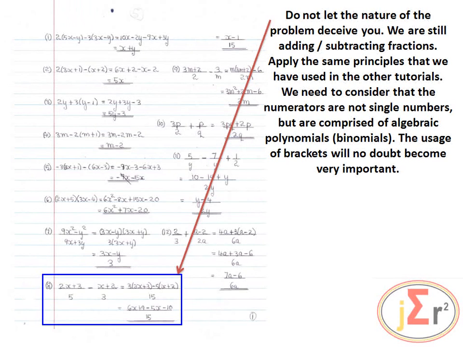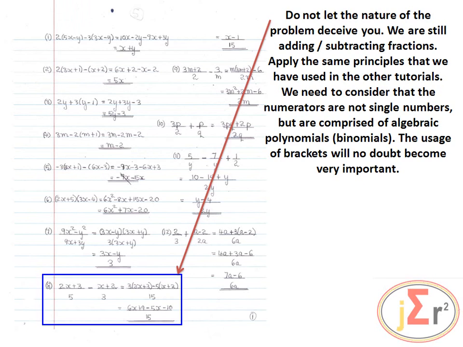Do not let the nature of this problem deceive you. We are still adding and subtracting fractions. Apply the same principles that we have used in the other tutorials. We need to consider that the numerators are not single numbers, but are comprised of algebraic polynomials, as a matter of fact, binomials.